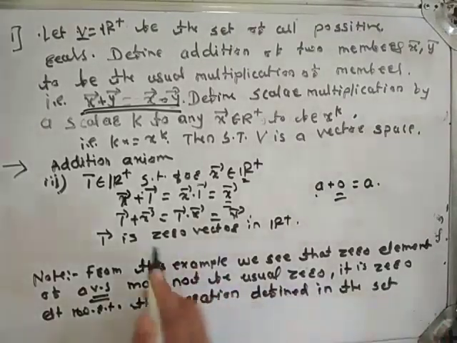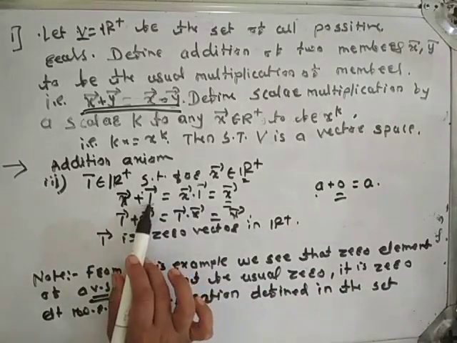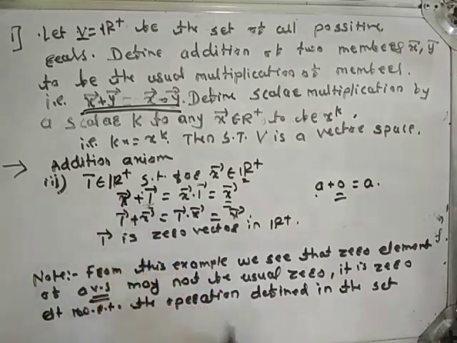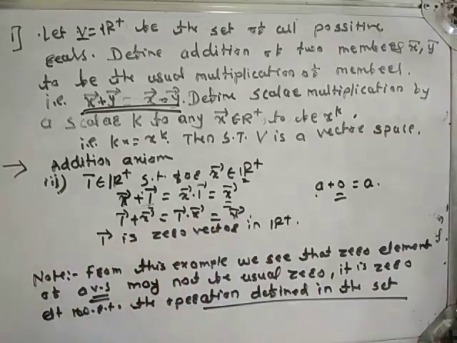See here, 0 vector means not a 0 element. So keep in mind that it is a 0 element with respect to the operation defined in the set. I hope all of you understand this concept.